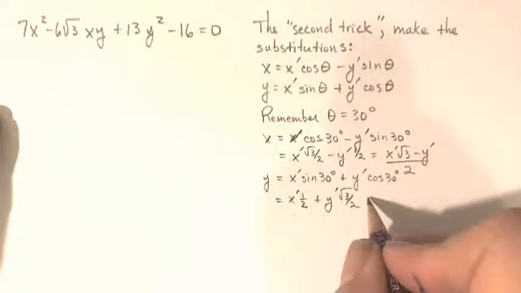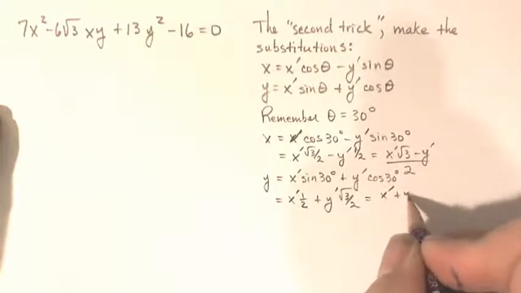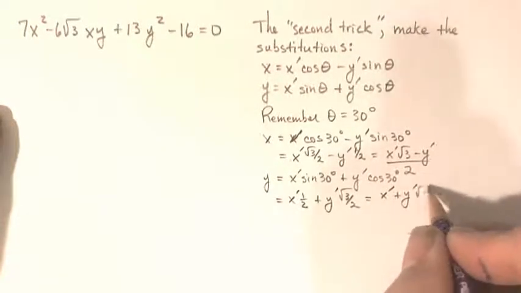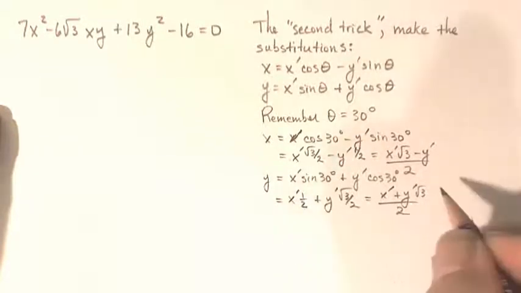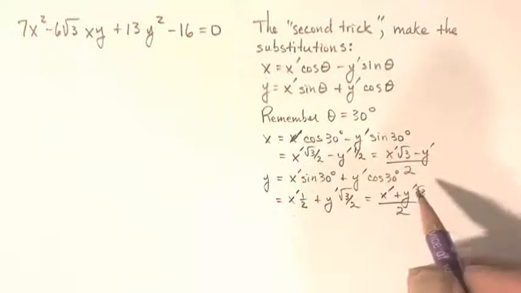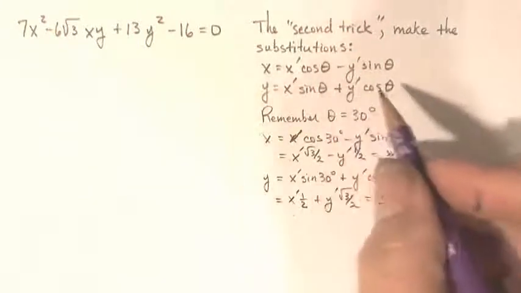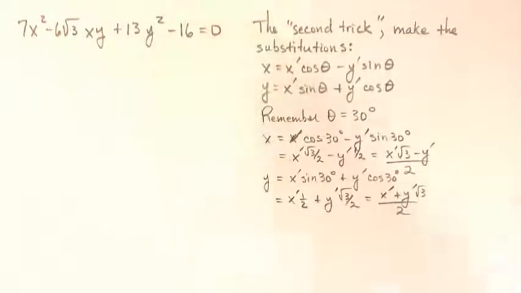And because these are both divided by 2, we can write this as x primed plus y primed square root of 3 over 2. Now, it may not look a whole lot better, but this is better than this, and this is better than this. These are going to substitute in the next step.